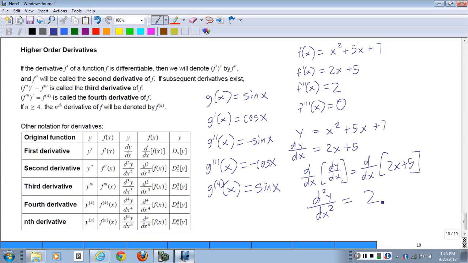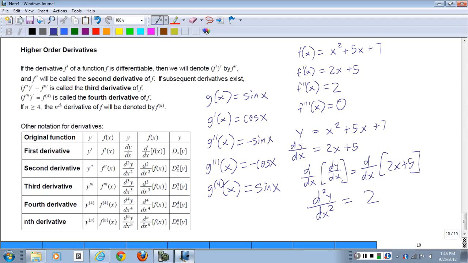So d2y dx2, and then you see where the 3 appears and the 4 appears and the n appears. No need for parentheses around the n in this particular notation, because there's no way to confuse that with something raised to the nth power. So you still need the parentheses around this n here, because that could mean f raised to the nth power, but not with the differential notation like that.